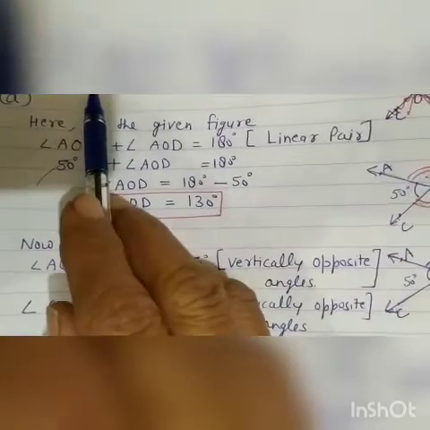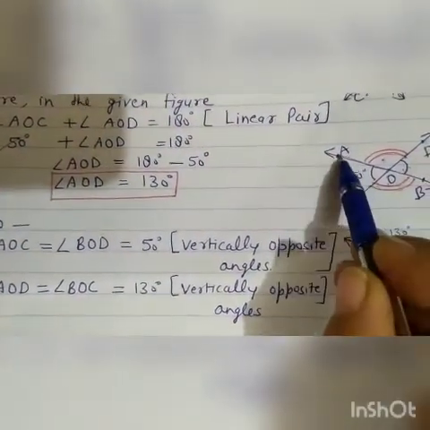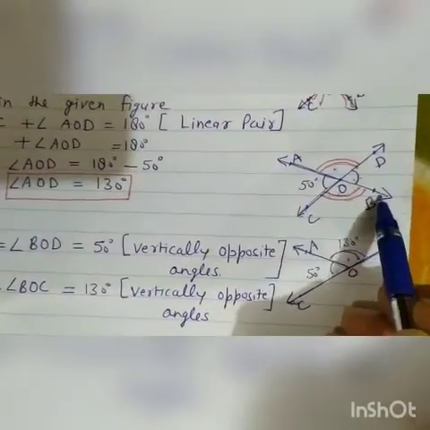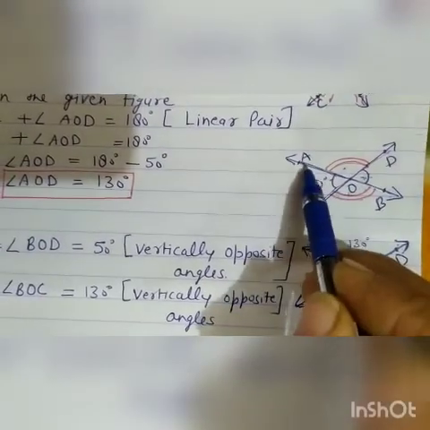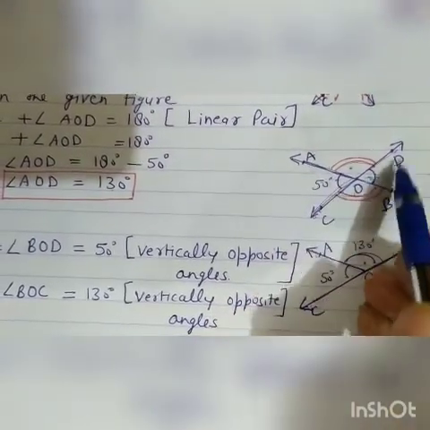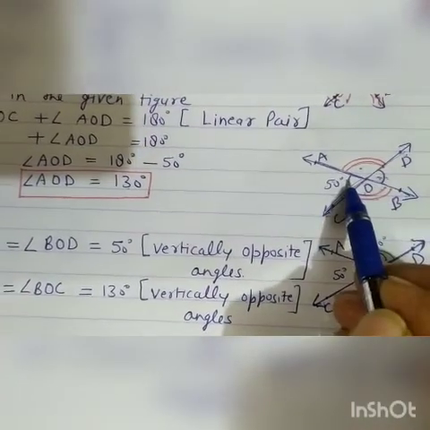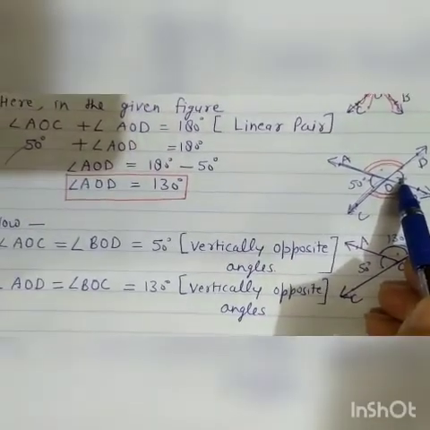Now we have to find all these three angles. Now angle AOC. This angle AOC is opposite to angle BOD. Opposite means एक दूसरे के आमने सामने. This angle AOC and angle BOD are both opposite to each other. So these are known as vertically opposite angles.